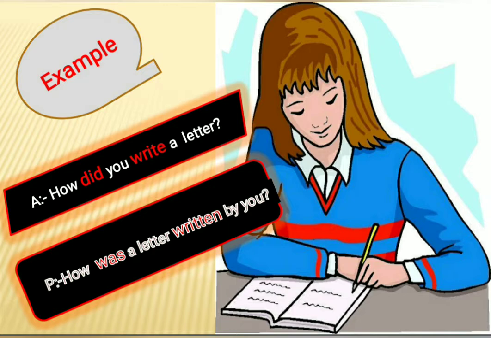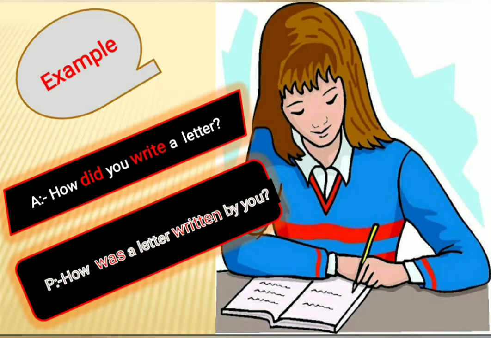You have to remember one thing: whenever you convert a question into passive voice, the question should remain a question only. For that, you have to always put the supporting verb before the noun or pronoun.